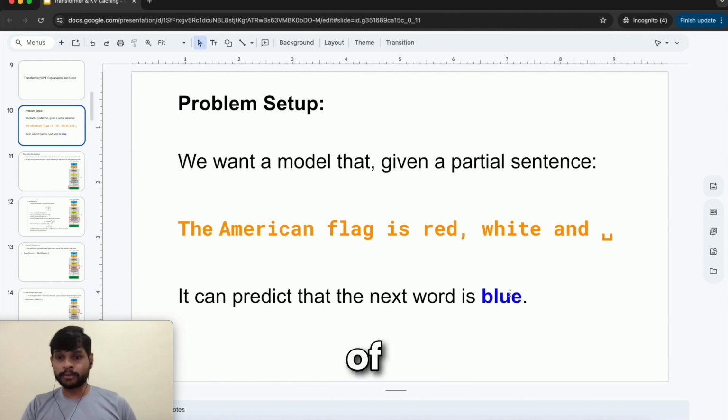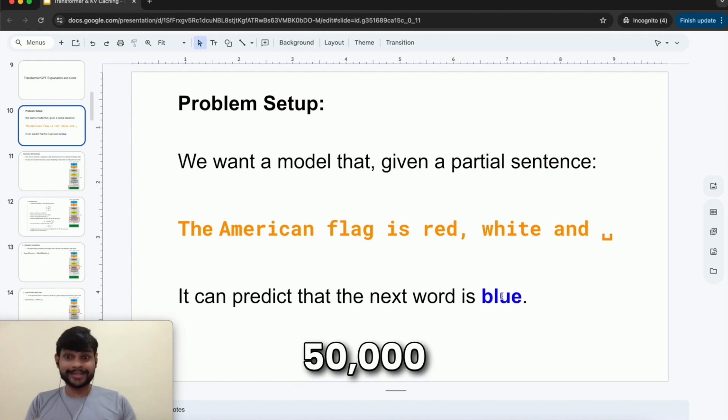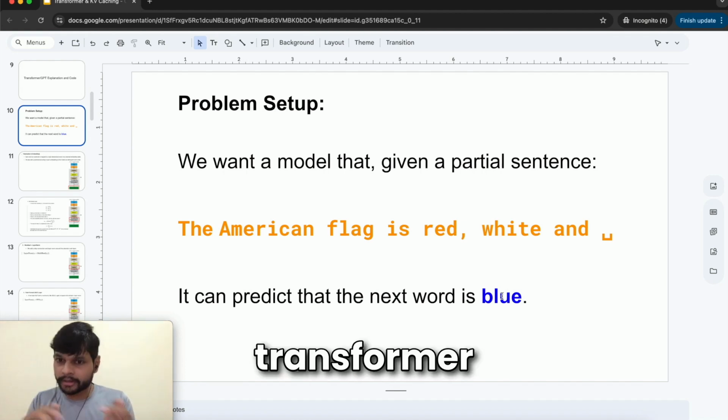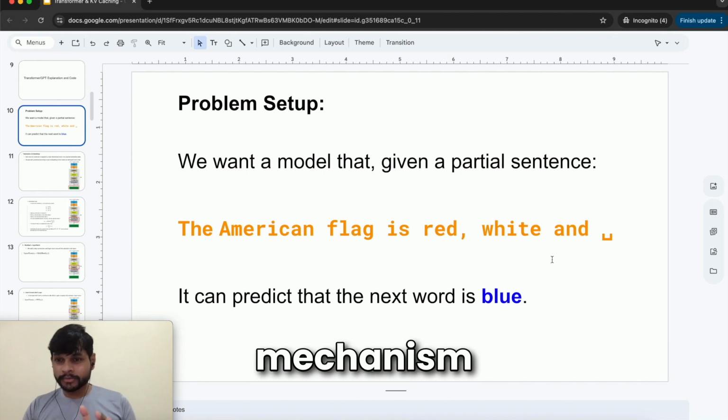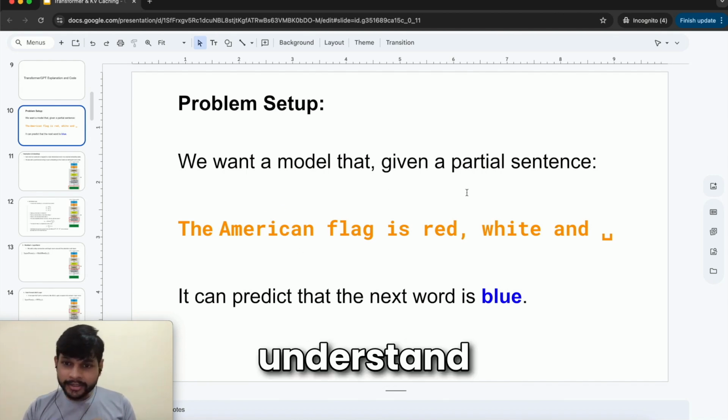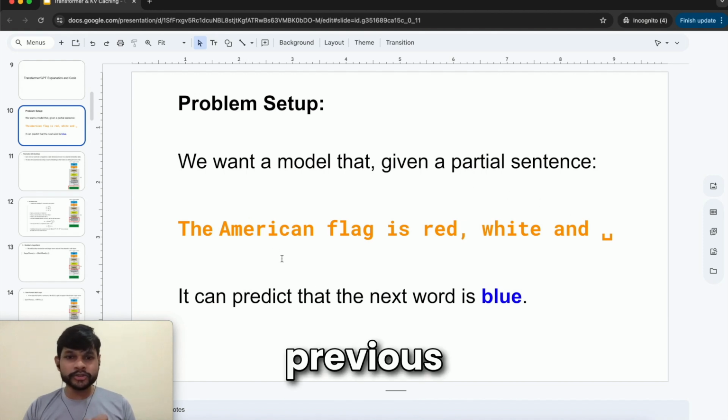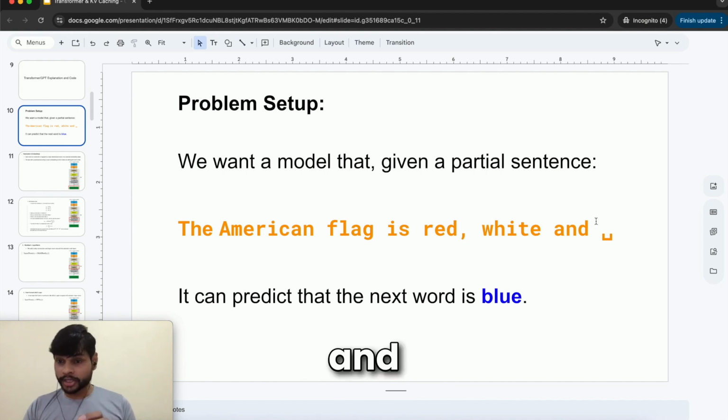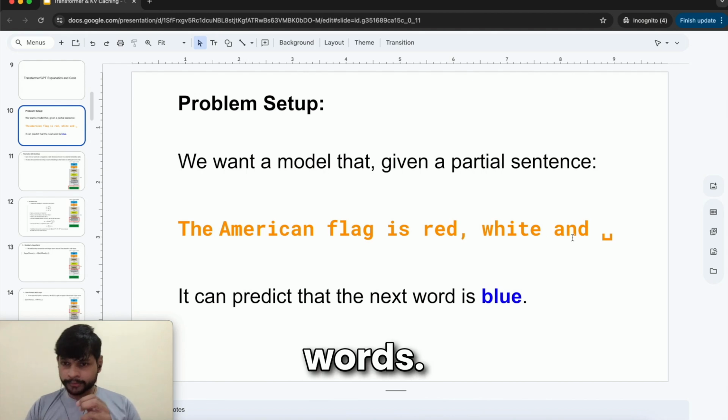Instead of blue having 1 over 50,000 probability and any other random word having 1 over 50,000 probability, which is a completely naive way of thinking about it. So that's our eventual aim by going through this transformer layer. And the attention mechanism will help us understand the previous context and the relation between these words.